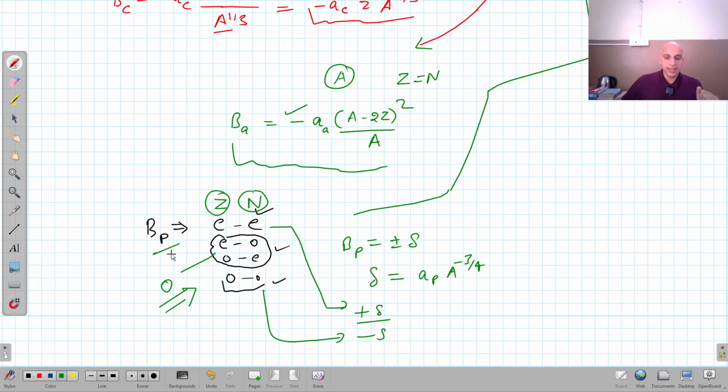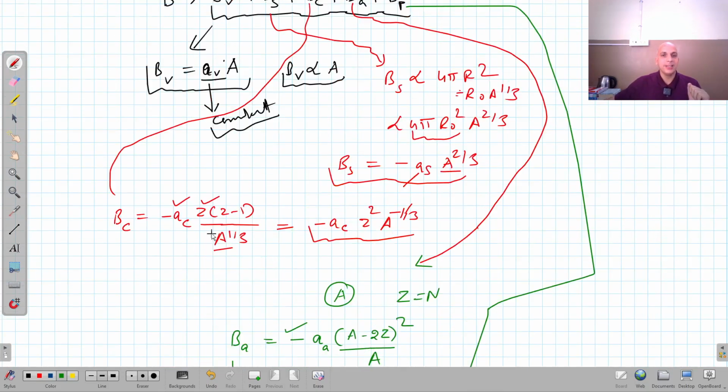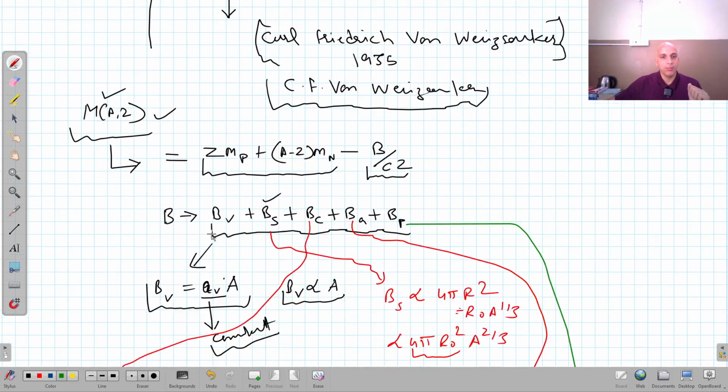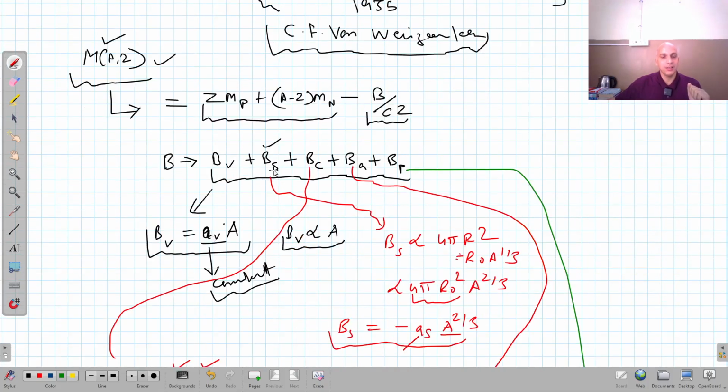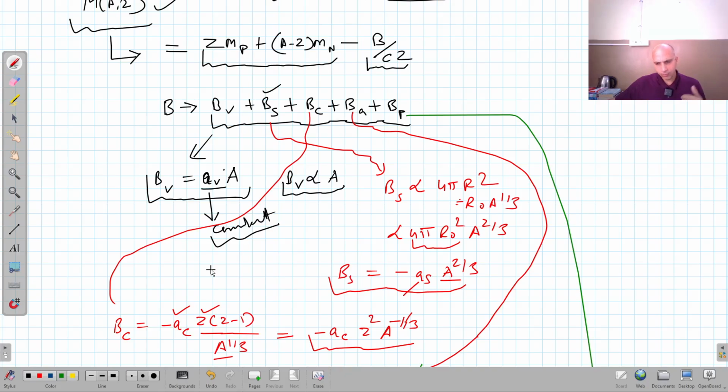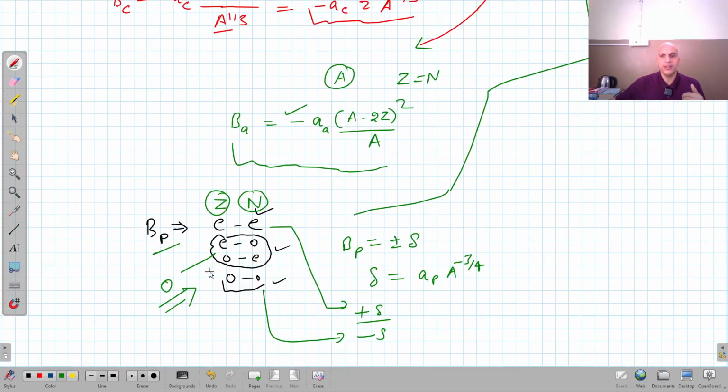So I think I have written all the terms, starting from the volume energy term, then the surface energy term, then the Coulomb energy term, then the asymmetry energy term, and then the pairing energy term. We have to remember the expressions for them. Now I am writing down the values of the different constants involved here.